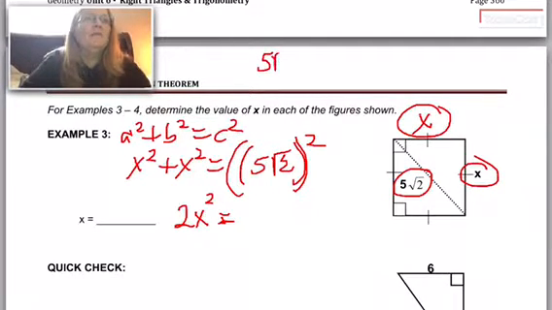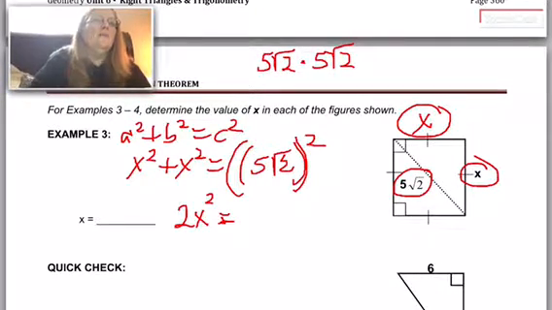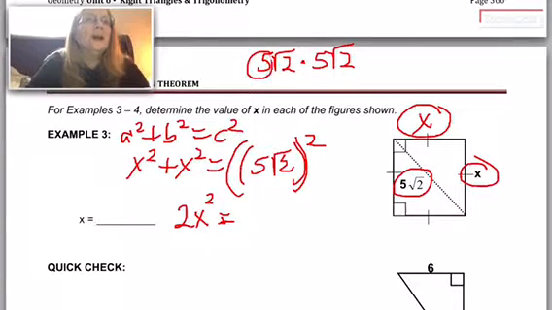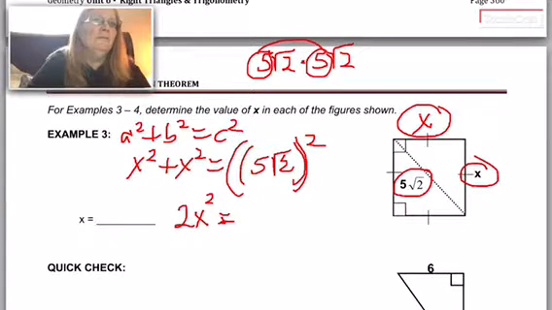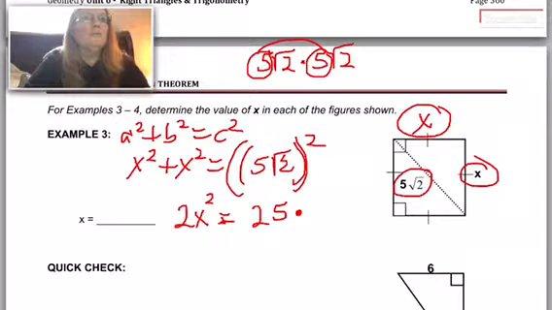When we say 5 times the square root of 2, squared, that's 5 times the square root of 2 times 5 times the square root of 2. And what you do is you're going to multiply what's outside the square root together. So 5 times 5, and that's 25. And then that's multiplied by the square root of 2 times the square root of 2.